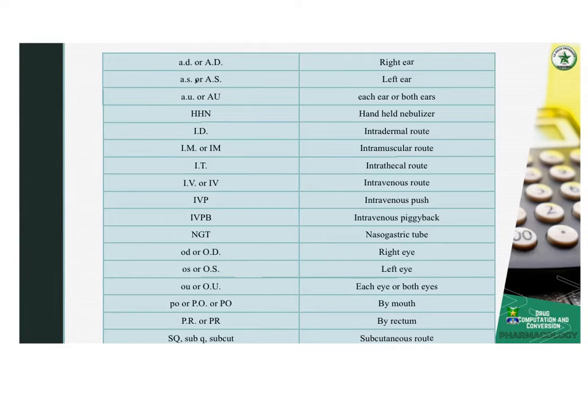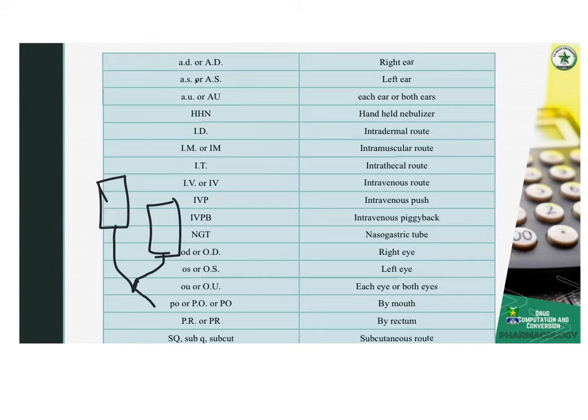Your IVPB is the intravenous piggyback. It suggests that you would be preparing another line of intravenous fluid or medication. If you have your main IV to your patient, then for the intravenous piggyback, we have an injection port here.